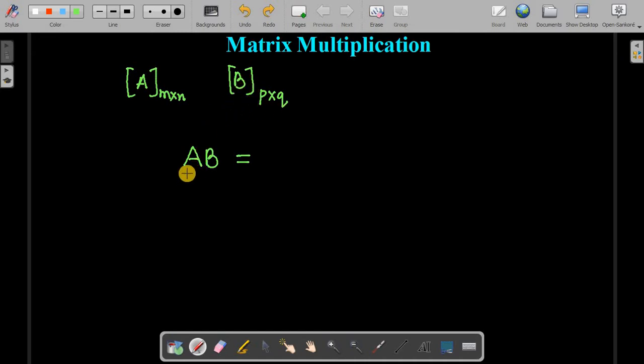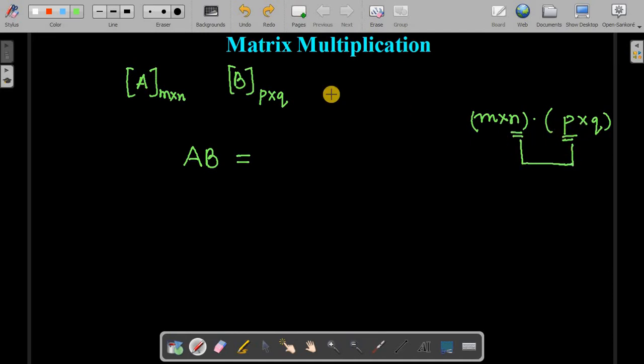When we are going to multiply matrix A by matrix B, first of all we have to check the order of both the matrices. The first matrix is of order m by n, so I have written m by n first, and then p by q is the order of the second matrix, so I have written it after it. In order to multiply these two matrices, first of all we have to see the number of columns in the first matrix and the number of rows in the second matrix.